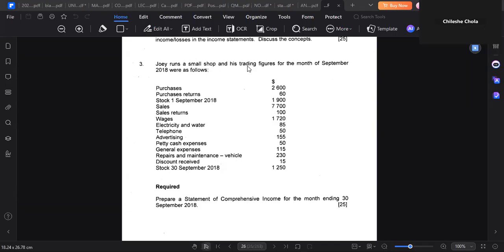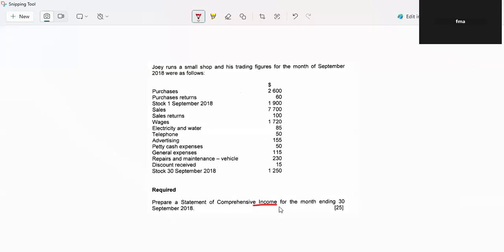So we need to prepare an income statement for this information that we have. So where do we start? We start with our sales. The income statement. So what are our sales figures?